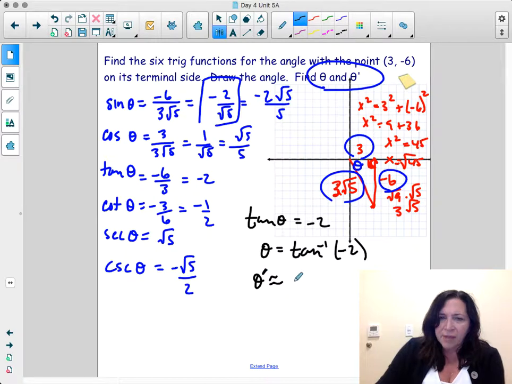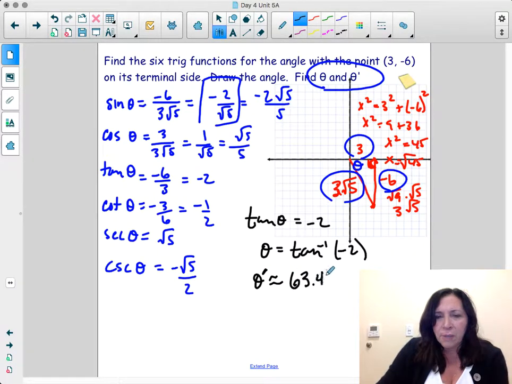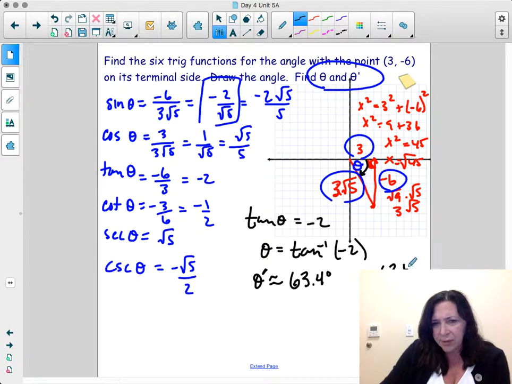So my reference angle is 63.4 degrees, okay? Because it went down, they gave us a negative. Then on your calculator, this is what it says, okay? But what you need to know is this angle can be an angle if it was negative, but they want the positive value of the angle, which is this angle here, okay?